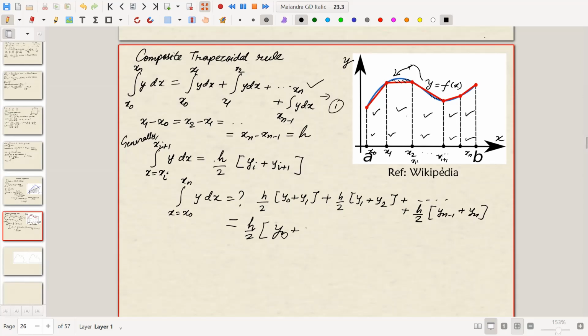So what I have to do? Plus, and so on up to, yeah, Dikhil was right, 2 yn minus 1. Yeah, but there will be 1 yn.